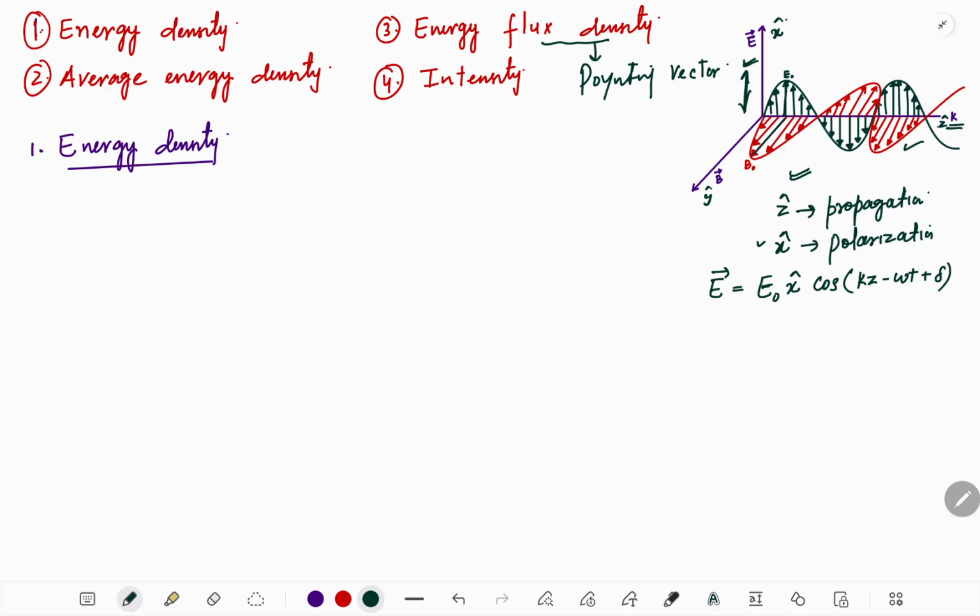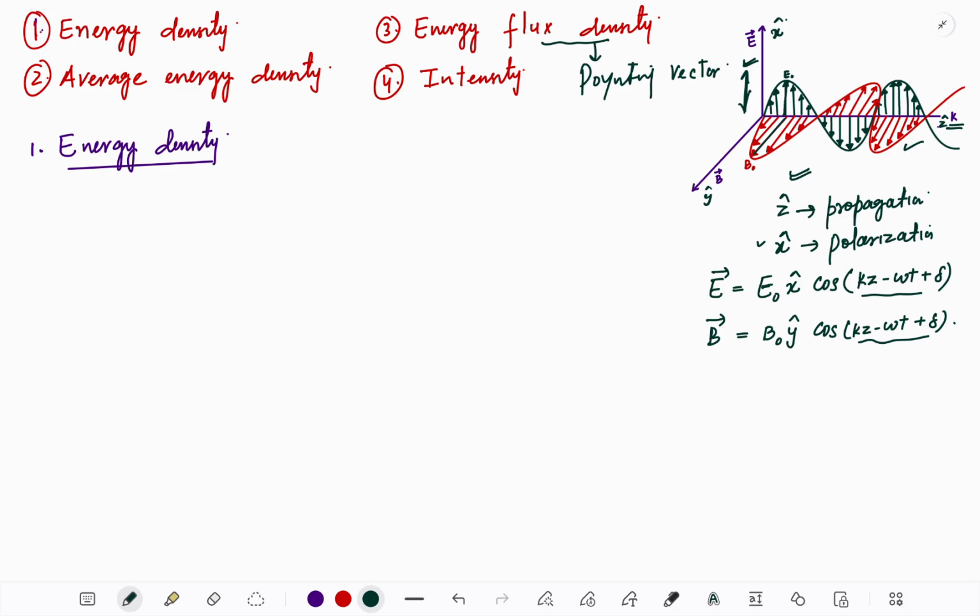Similarly, the magnetic field is given by B equals B naught, which must be along the y-axis, because only the y-axis remains, cos of kz minus omega t plus delta. This phase will tell us the direction of the propagation.